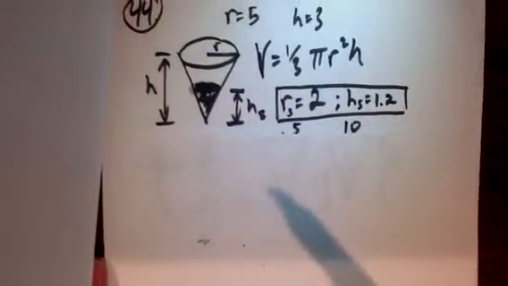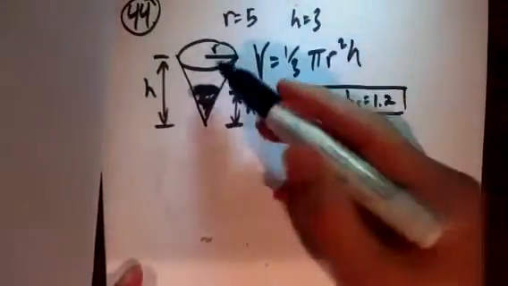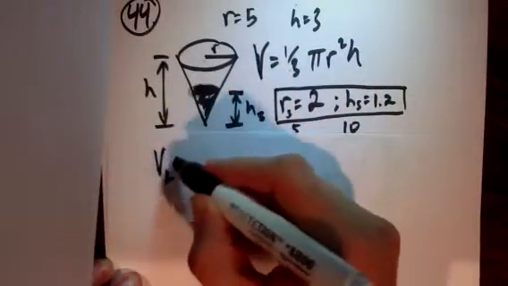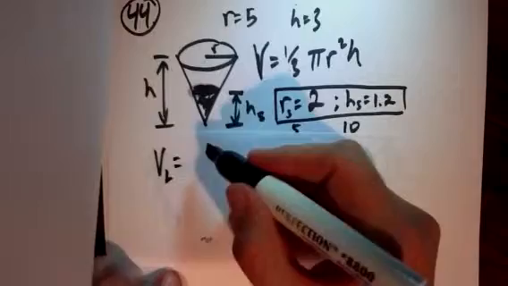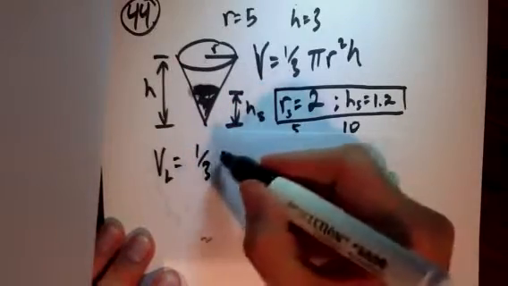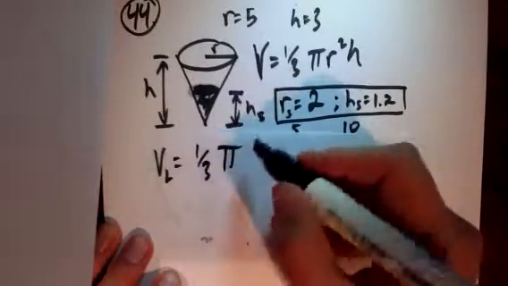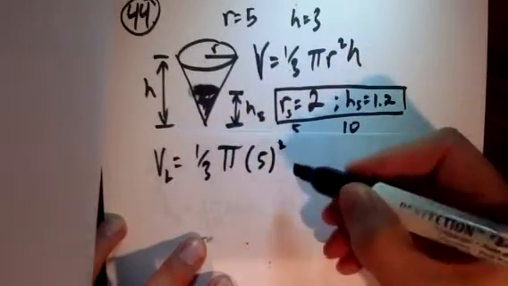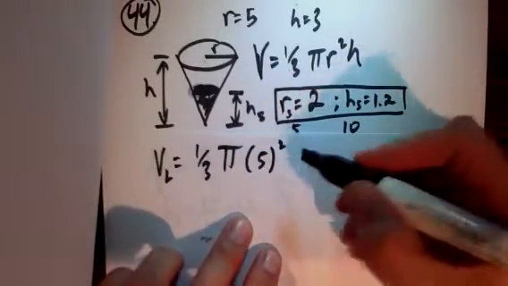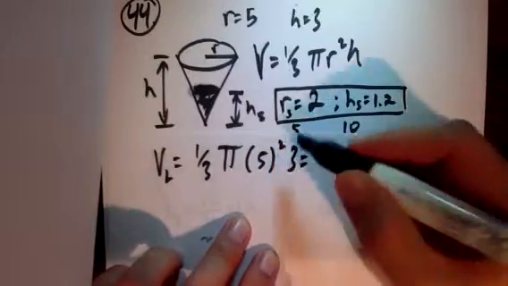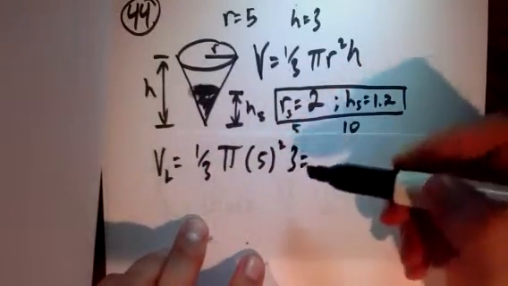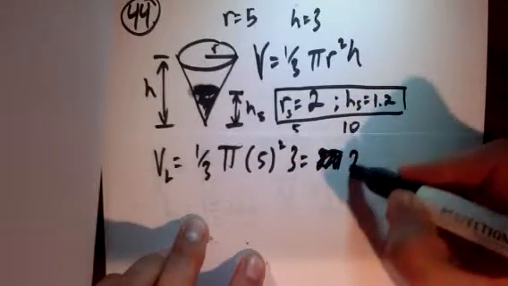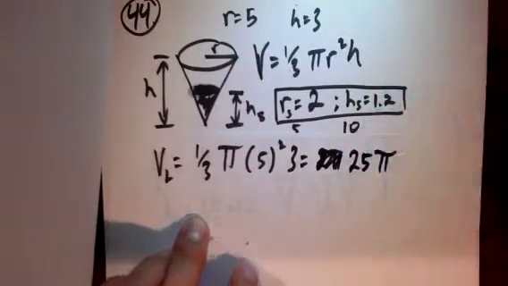The large circular cone volume is equal to 1/3 of pi times the radius, which is 5, squared, times the height, which is 3. So 1/3 times 3, those cancel each other out, and it's 25 pi.